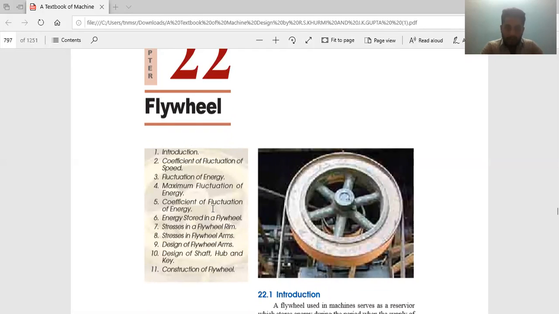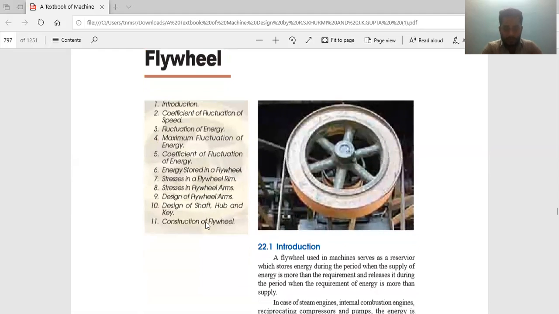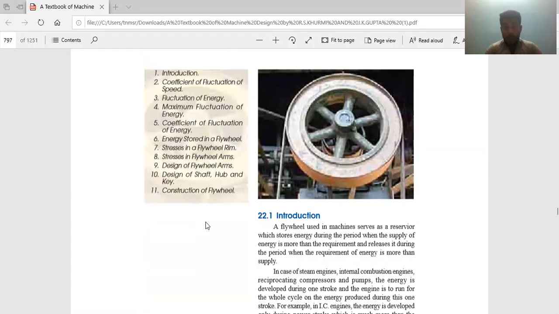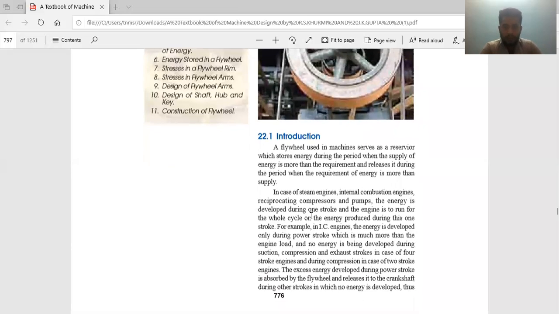So better you refer to Machine Design by Khurmi Gupta for the flywheel portion. Okay, let us start. First and foremost, you should know the definition of flywheel. This can come for 2 marks. Already you have studied in your dynamics of machine class, so I will not recapitulate it again.